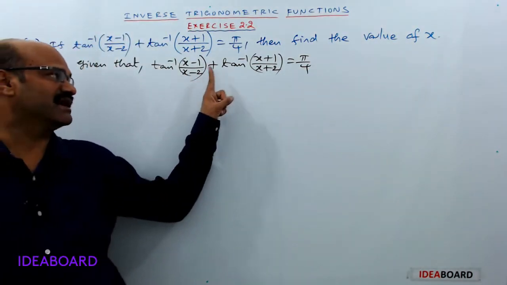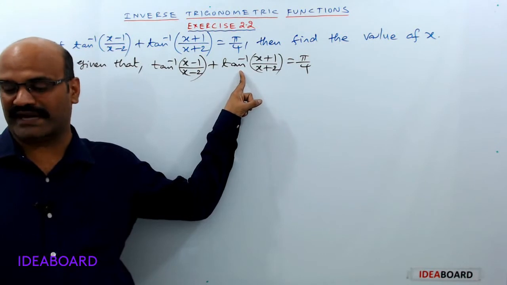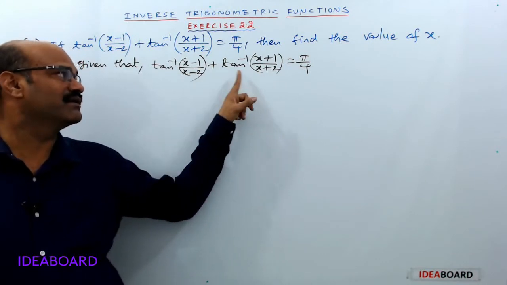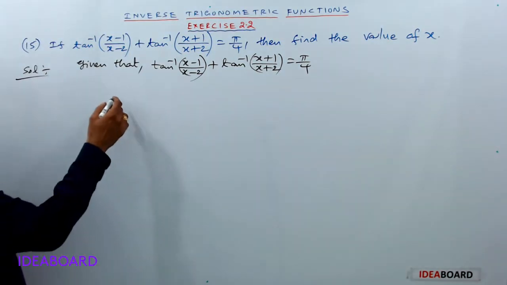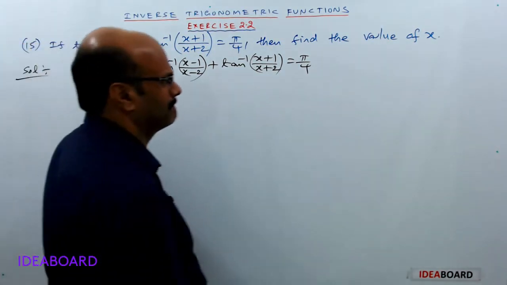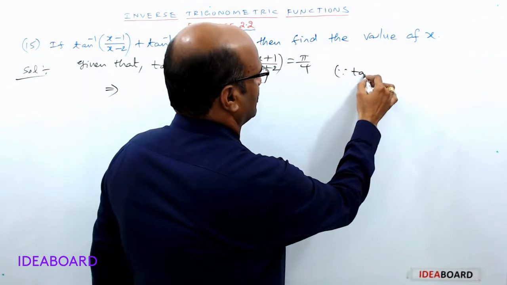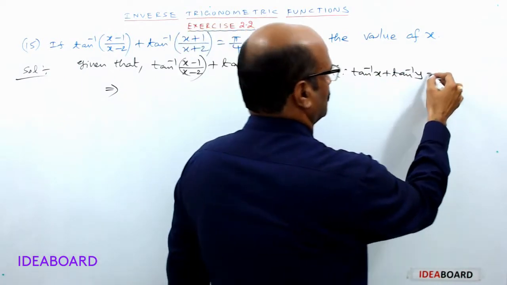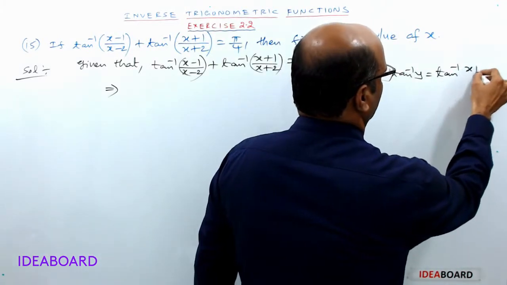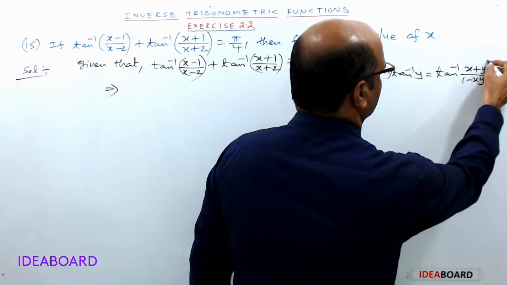The formula is tan inverse x plus tan inverse y equal to tan inverse of x plus y by 1 minus xy.